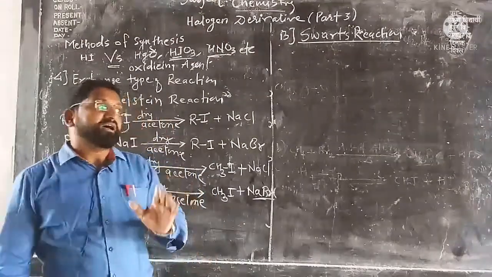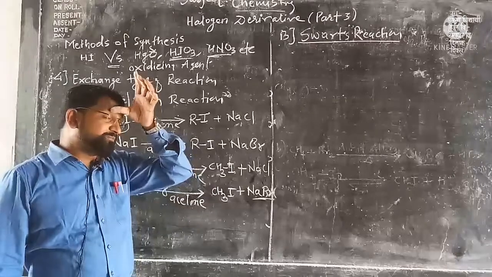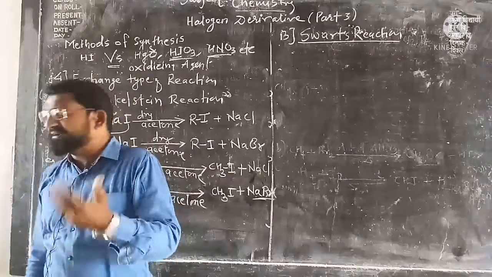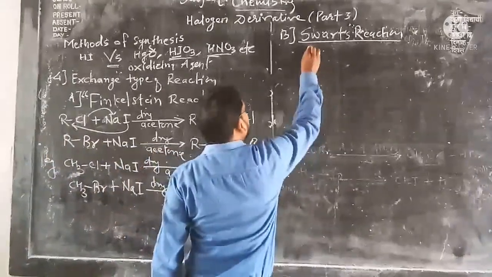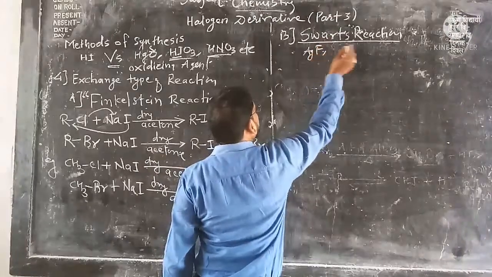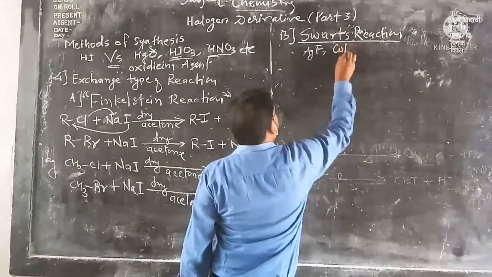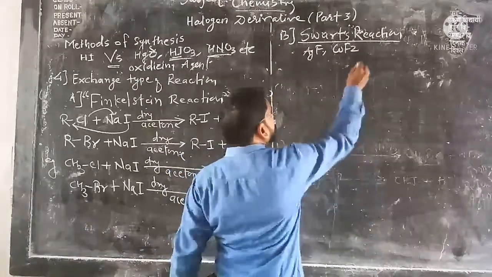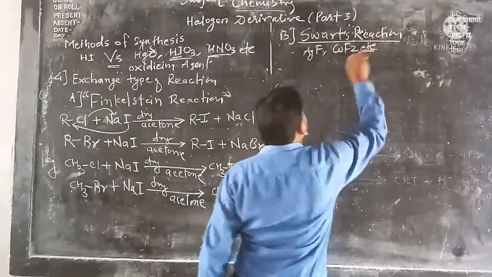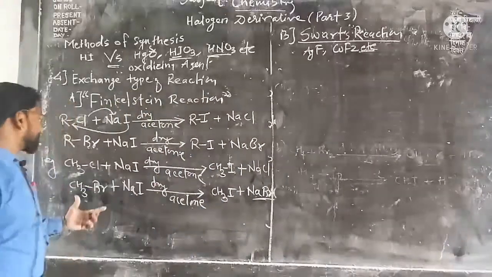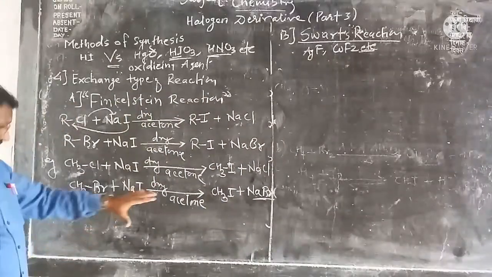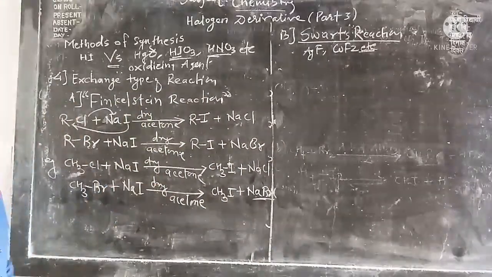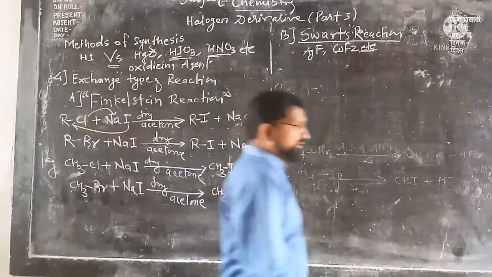For that purpose we have to use some metallic fluorides like silver fluoride. Metallic fluoride means silver fluoride, cobalt fluoride, etc. By using these you have to prepare the alkyl halides.